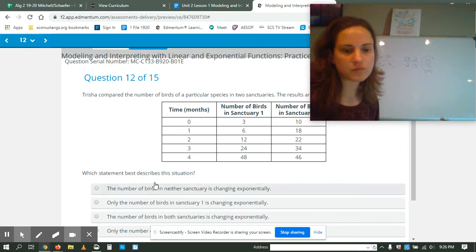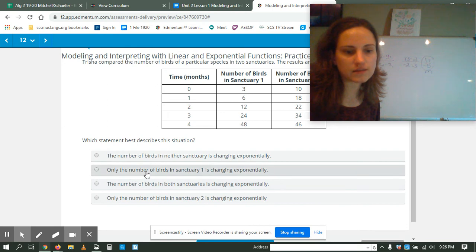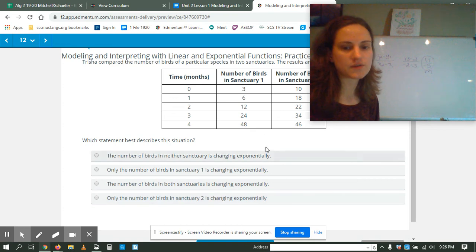The number of birds in neither sanctuary is changing exponentially. Only the number of birds in sanctuary 1 is changing exponentially. The number of birds in both is exponential. Sanctuary 2 is the only one changing exponentially. So we've got to look at both columns of numbers and figure out which one is going to be exponential.